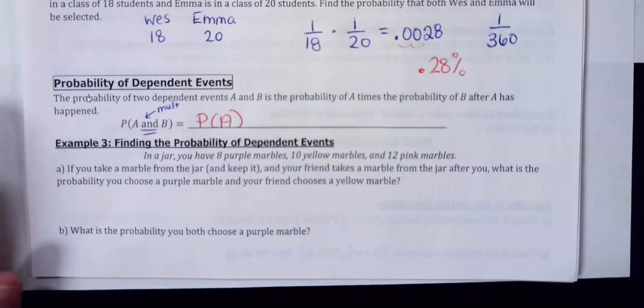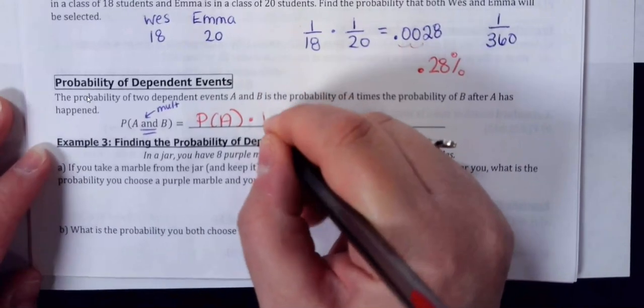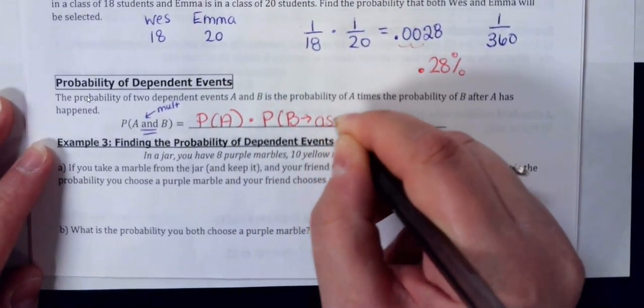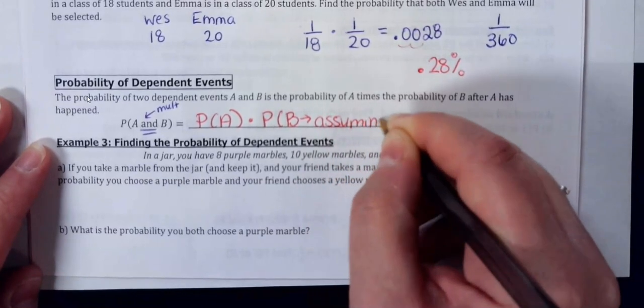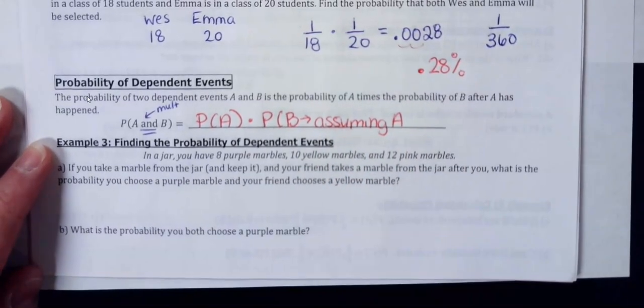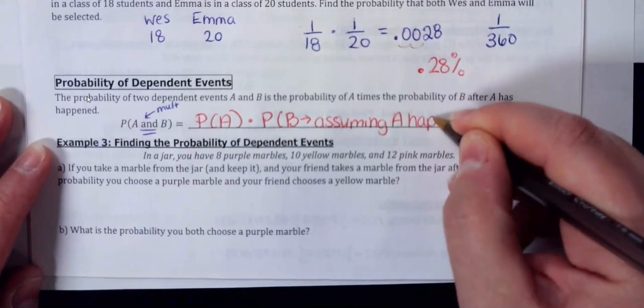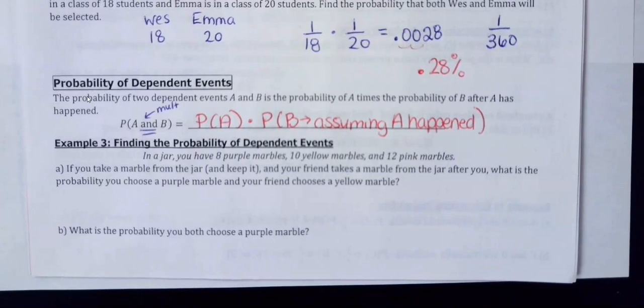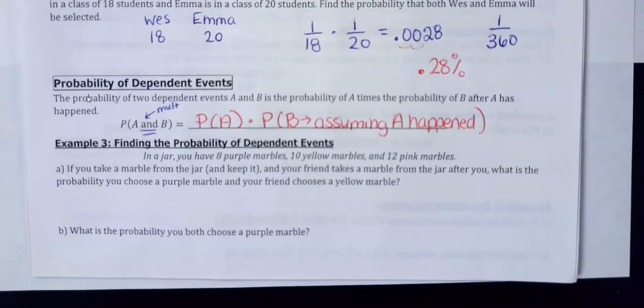And then we're going to multiply that by probability of B, but assuming that our first event A happened. So it's going to be a little bit altered. If your event is dependent, something that's done in that first event somehow affects the second event's probability. So you want to take just regular probability of the first thing, then multiply that by the probability of the second thing, but assuming the first thing happened.